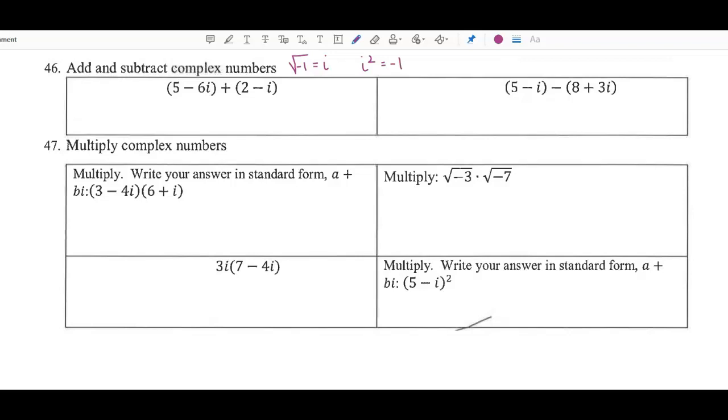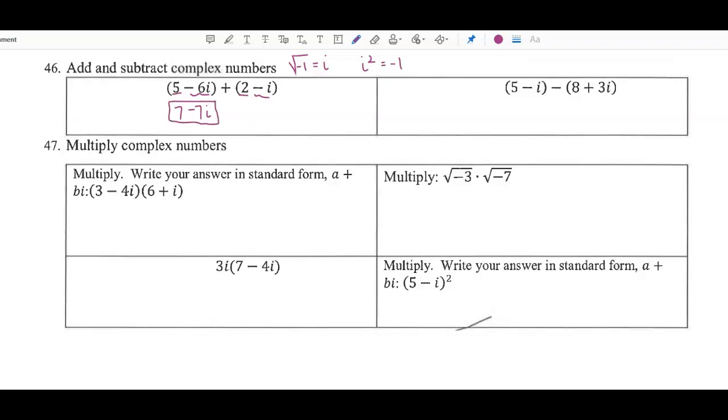So when we combine these together, we can combine the whole number parts together. So 5 plus 2 gives me 7, and then negative 6 minus 1 gives me negative 7i. And so that's all we can do with that one, just combining those like terms together.